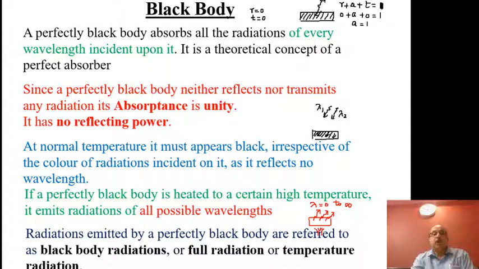Radiation emitted by the perfectly black body is referred to as blackbody radiation. Whatever radiation is emitted by the black body is called blackbody radiation or full radiation, because the range of wavelength will be 0 to infinity. It is also known as temperature radiation.